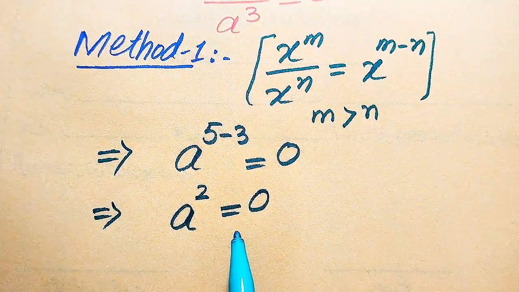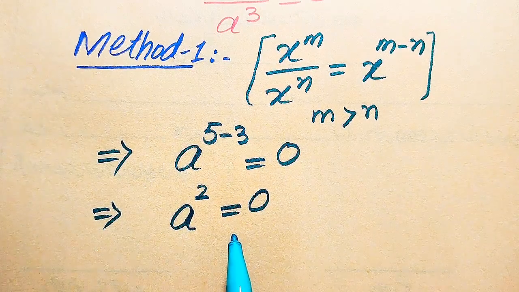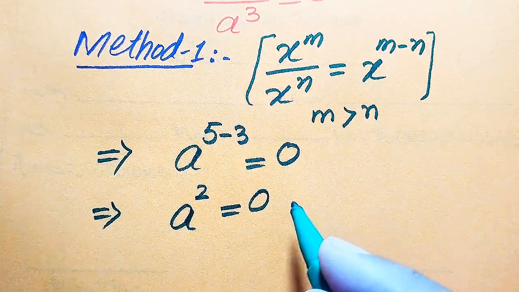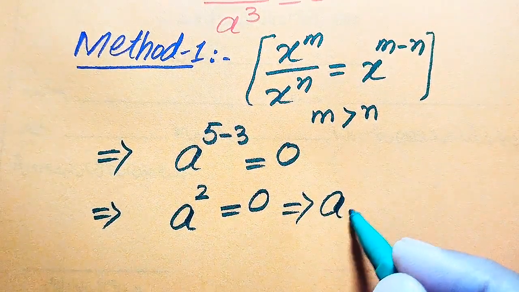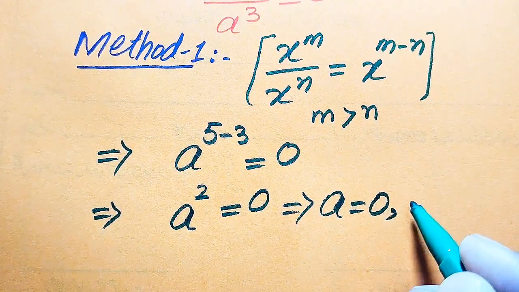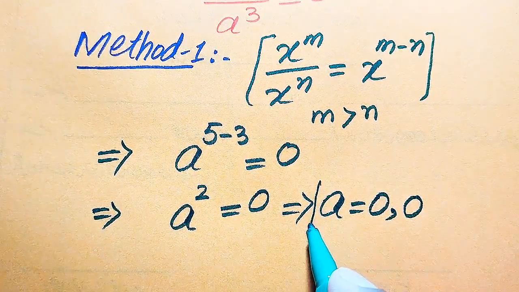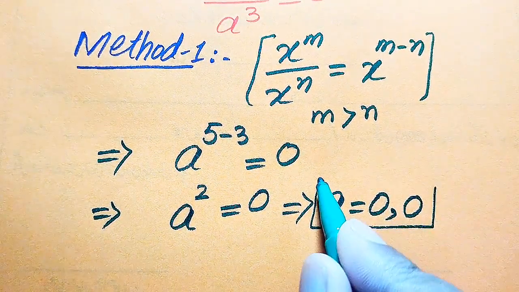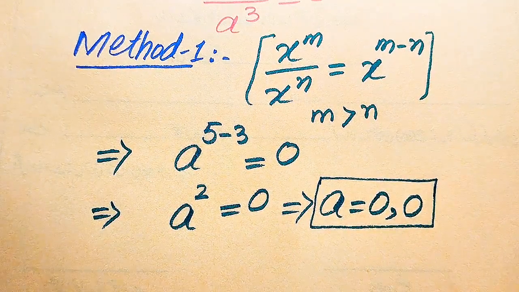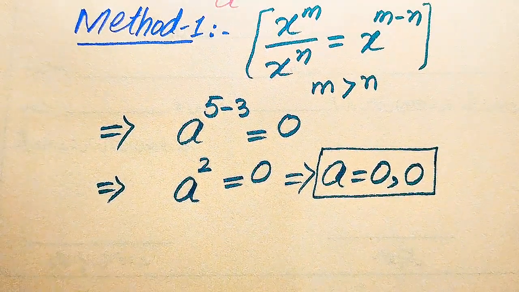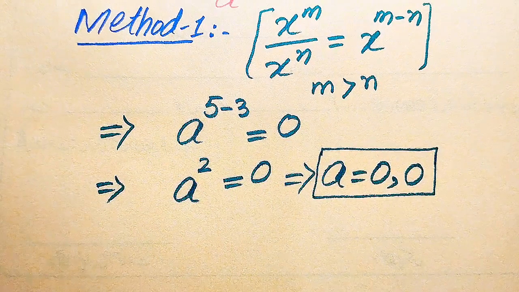This means that a squared equals 0, and a squared equals 0 means that we have a equals 0 and 0. So it means that this equation has repeated roots. So these are the two repeated real roots of the given equation.